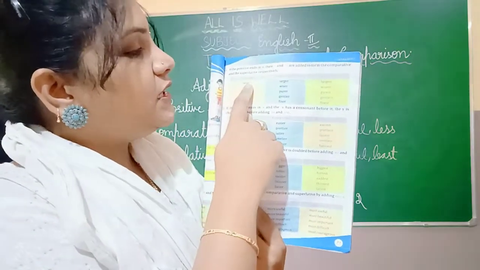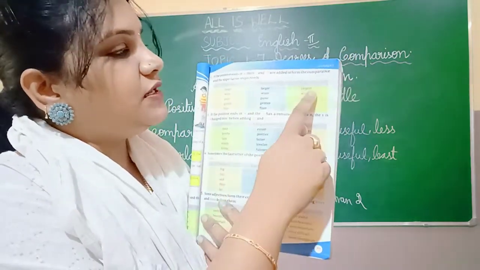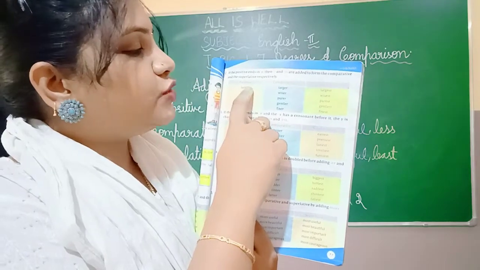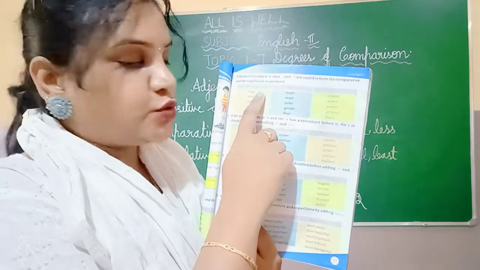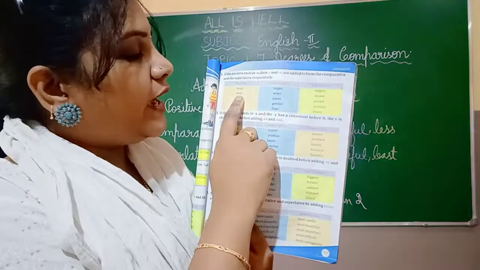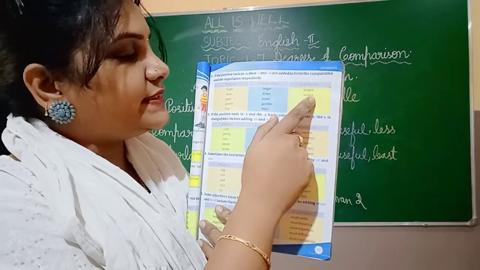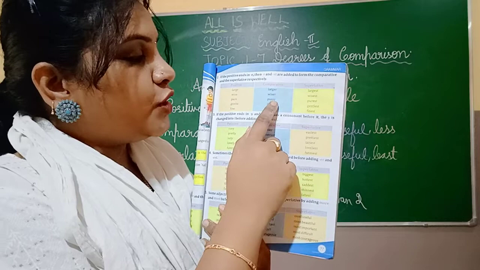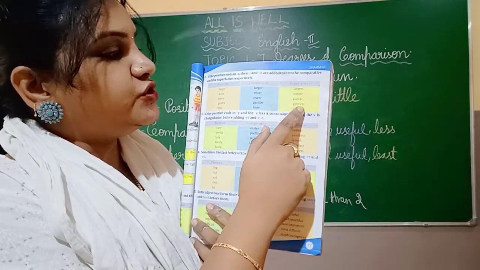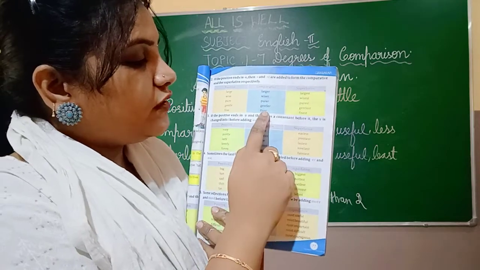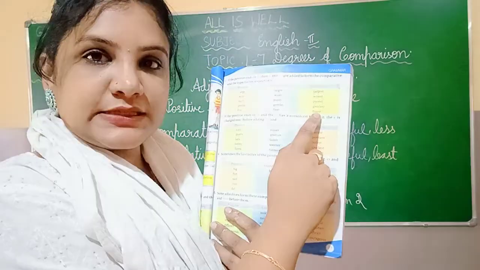That is large, larger, largest. See, for the word large we just added r to become comparative and st to become superlative. Wise, wiser, wisest. Pure, purer, purest. Gentle, gentler, gentlest. Fine, finer, finest.